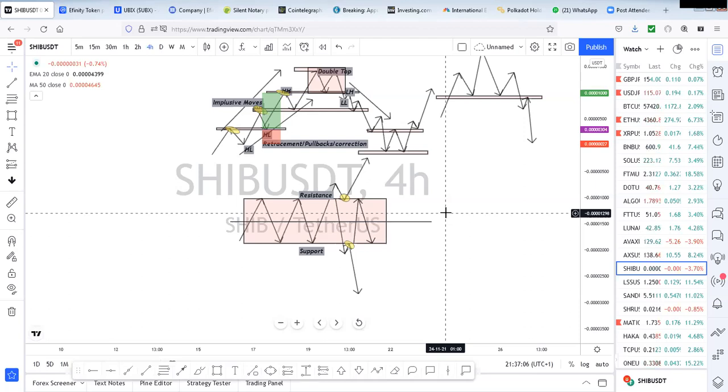So I said two ways of trading a ranging market. One, by waiting for price to approach a support or resistance level, then you buy at key support and sell at key resistance level. Secondly, by waiting for a breakout from either the support level or the resistance level. So that's the key thing you need to know if you want to trade a ranging market.